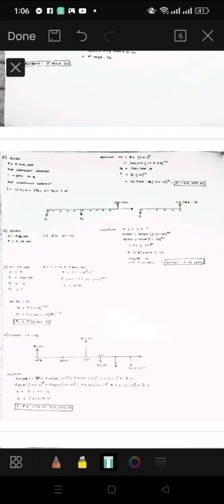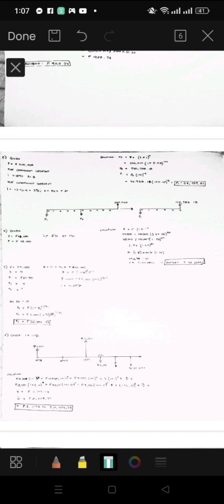The principal is 25,000 as stated. F is 45,000 and I is 8 over 4, since it is compounded quarterly, which is equal to 2%.